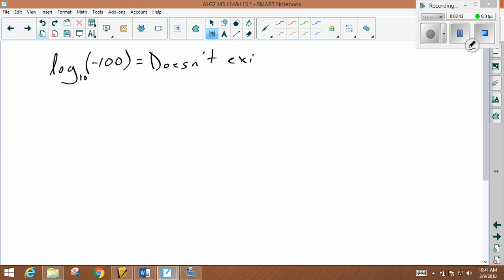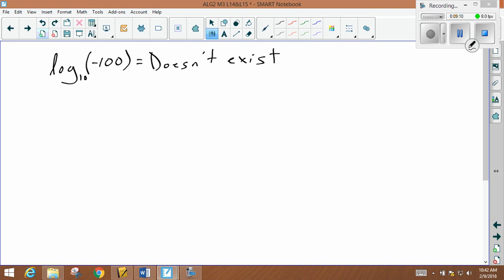There's no way to get around this. This just doesn't exist, okay? There's no way you could raise a positive number to a power and get a negative number as an answer, right? It's just not a thing. You could raise a negative number to some power and get a positive answer, but not the other way around, right?